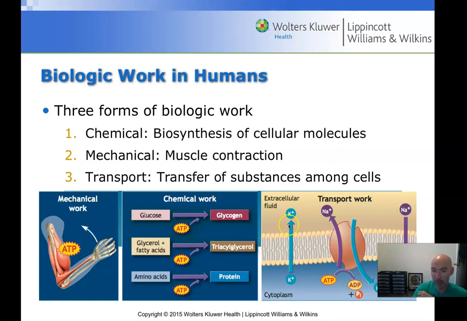So in this example, this is what is known as the sodium-potassium pump, and this helps us maintain the concentration of sodium and potassium inside and outside of our cells, which is a major requirement for how our nervous system works, okay? These transport proteins require energy, okay? So we see in our body multiple needs for energy, not just the production of mechanical work using our muscles, but also the chemical conversion process and the transportation process.